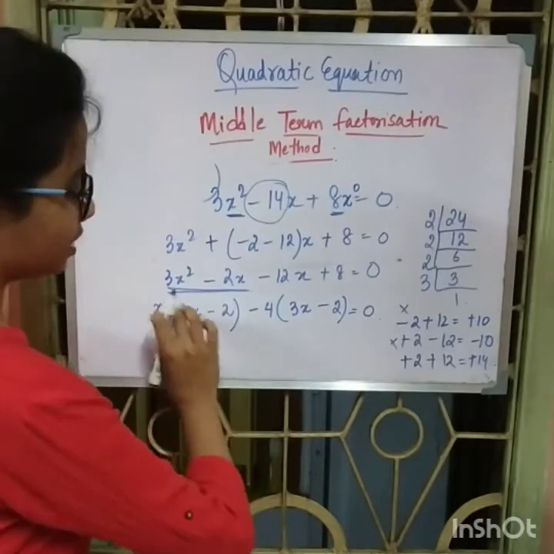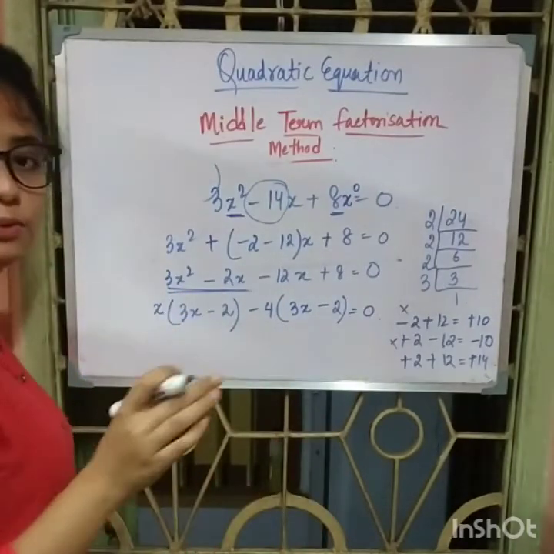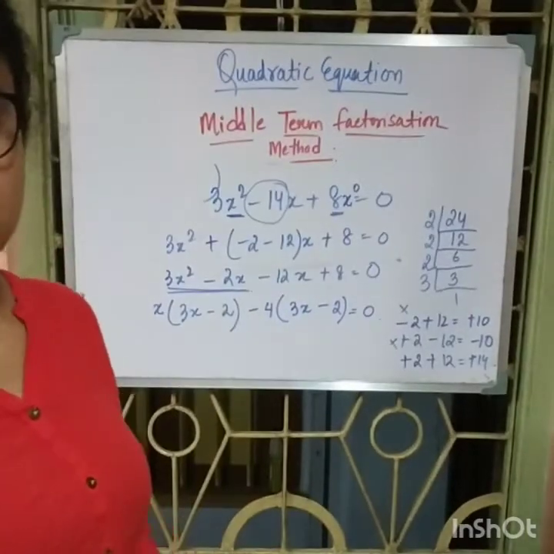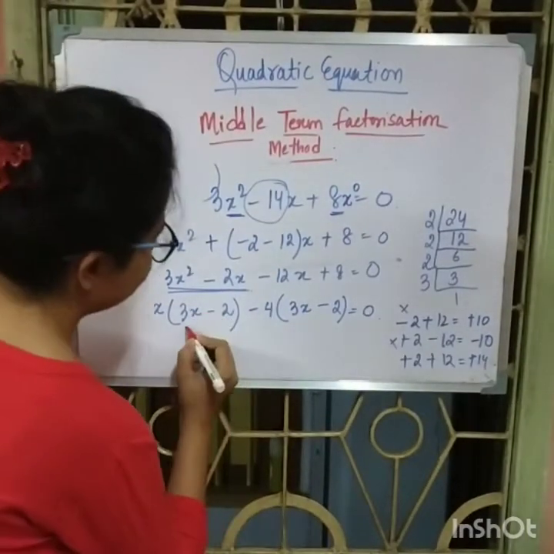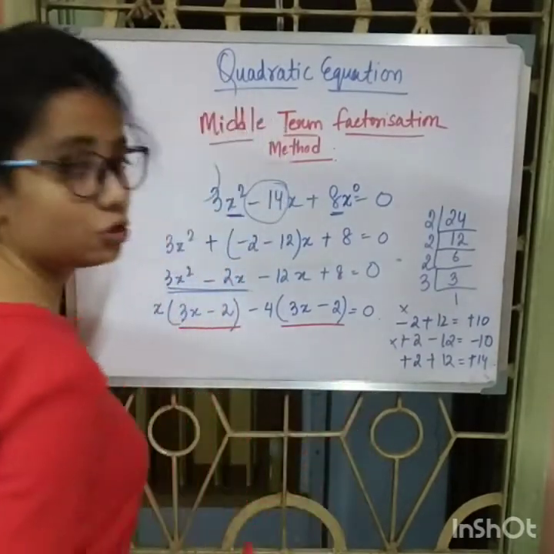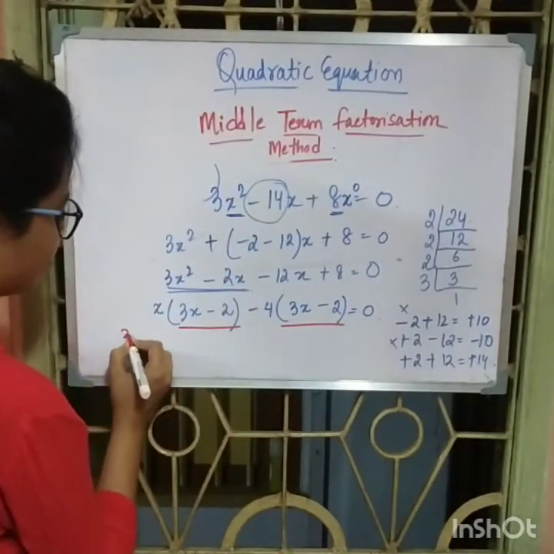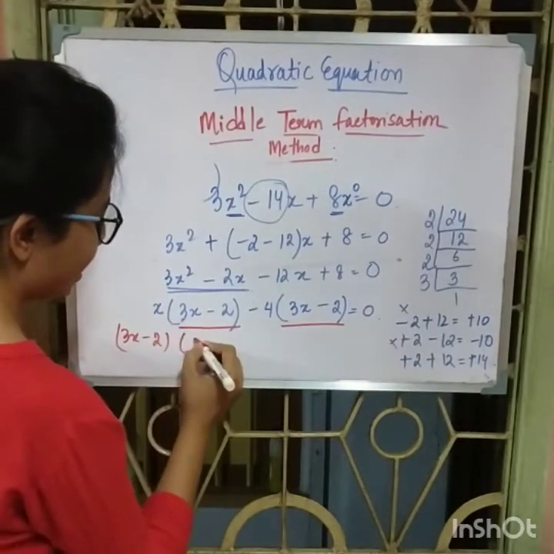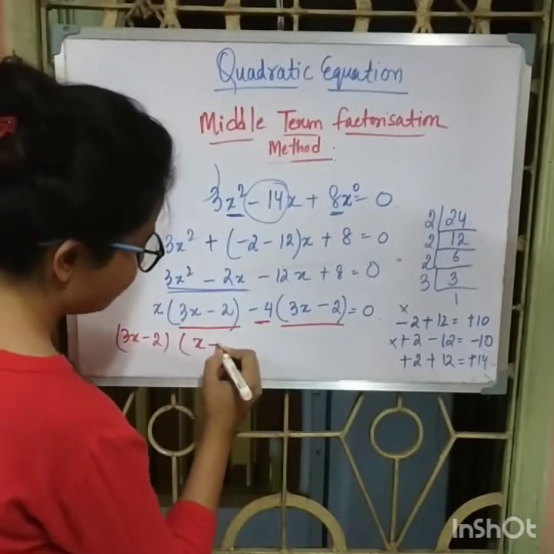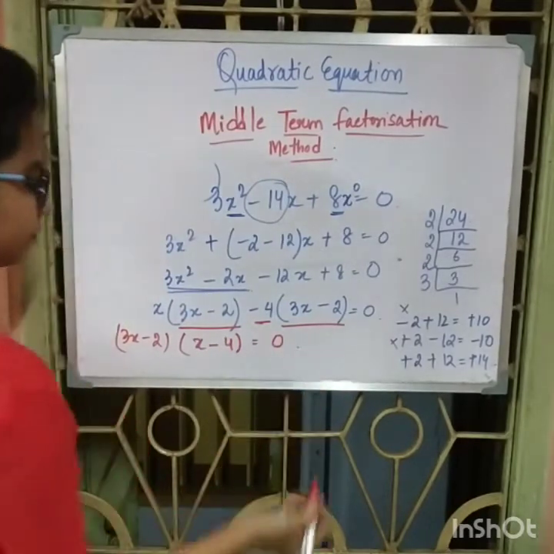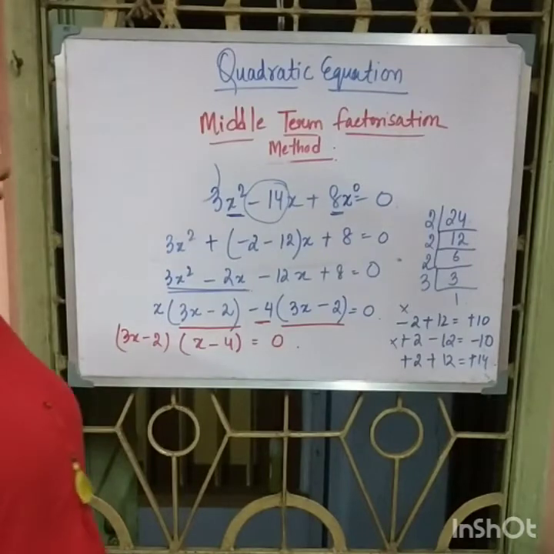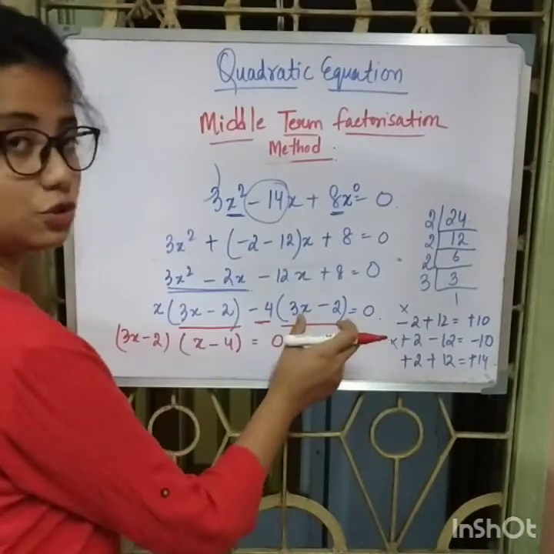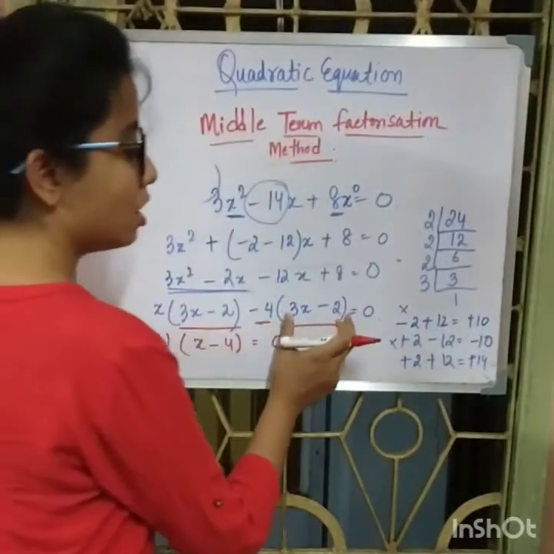So now, from the whole thing, what we can again take common is 3x minus 2. If we take 3x minus 2, we are left with x and here minus 4 is equal to 0. I hope it's clear. From this thing we are taking common 3x minus 2 because it's present with x and also with the minus 4.